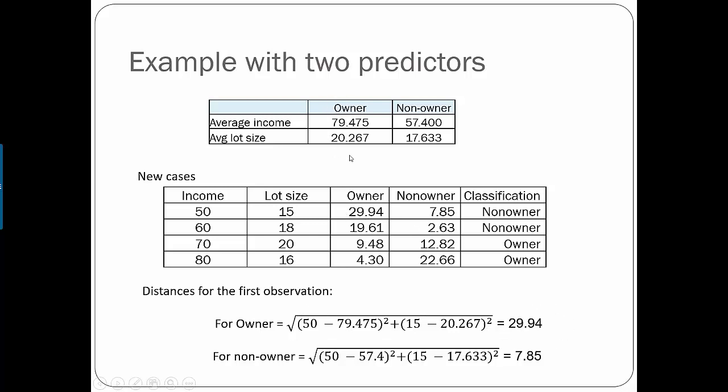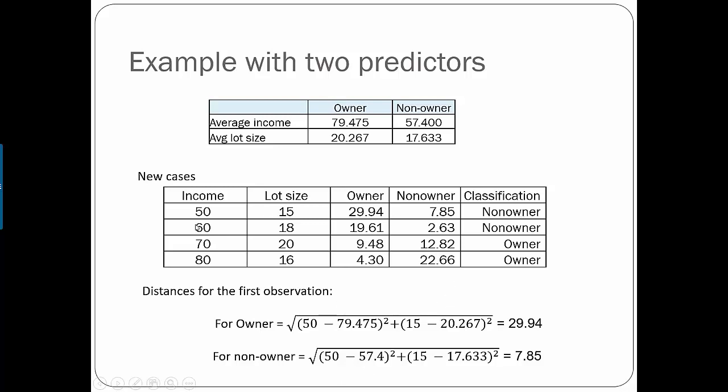Since we use the means of owners, this is the distance to the centroid of the owner group. And you do the same thing with the means vector of non-owners: 50 minus that squared, then 15 minus that squared, and then the square root of the sum of the two, and then you get the distance. So here the new observation is closer in distance to non-owners, so you classify it as non-owner.